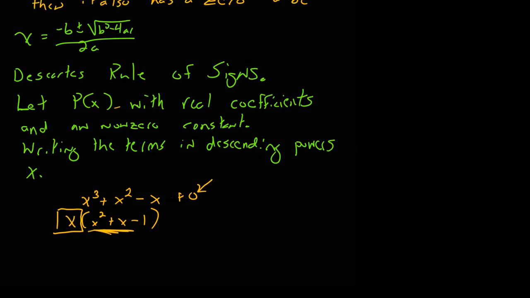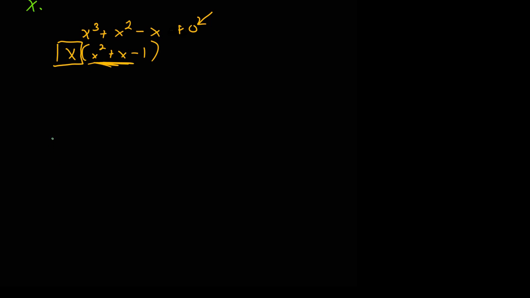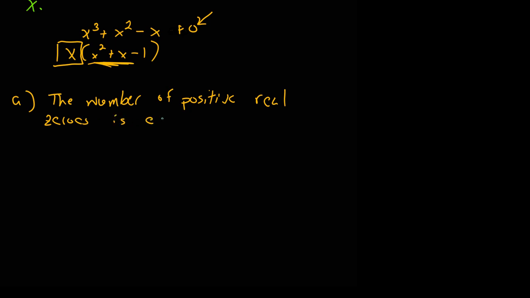And what we get is two things we want to check. So the first thing we want to check is the number of positive real zeros is equal to, at most, the number of sign variations.